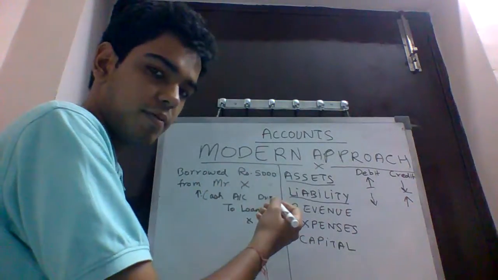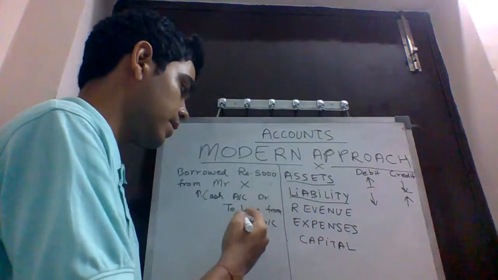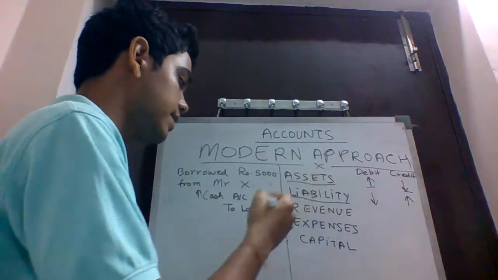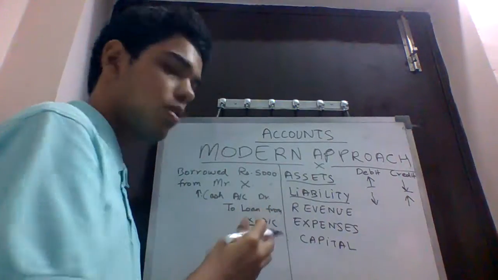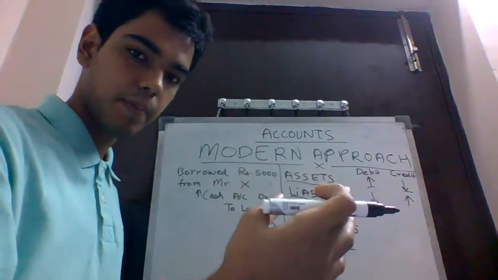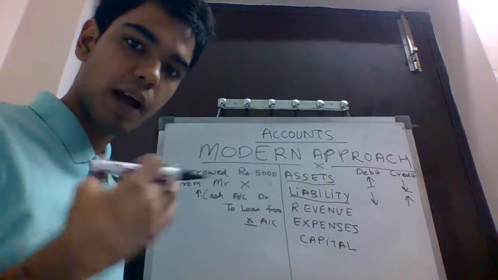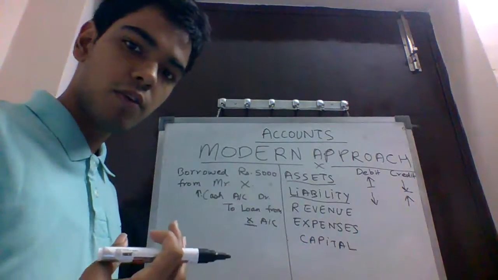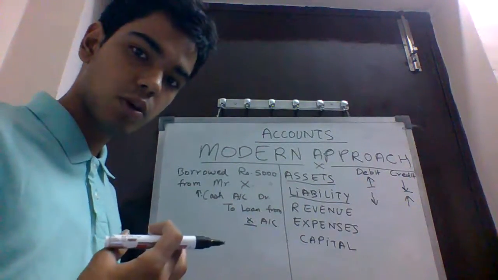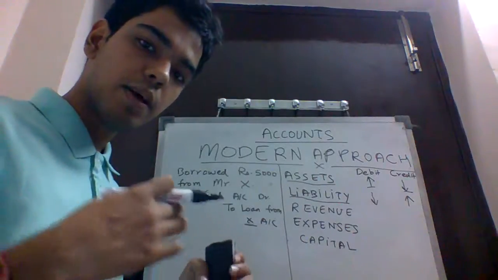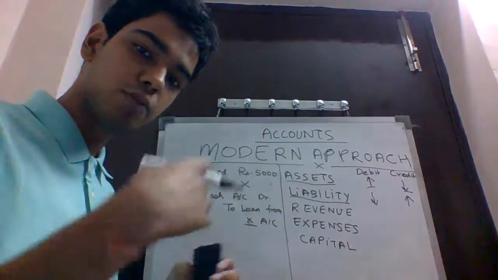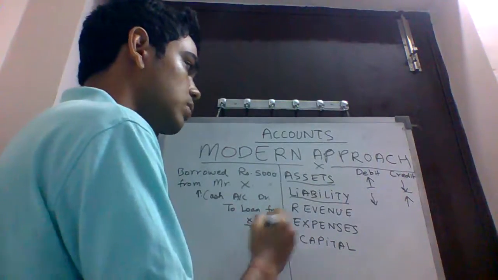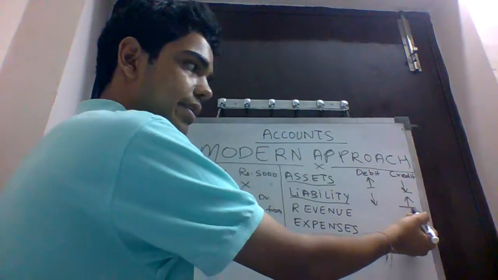Loan from X account is credited because it is the financial obligation of my business towards X. That is, I am liable to pay rupees 5,000 to X. I have taken cash from X worth rupees 5,000 on a credit basis, and I will repay him in future. So loan from X account is being credited, satisfying the rule that increase in liability is credited.